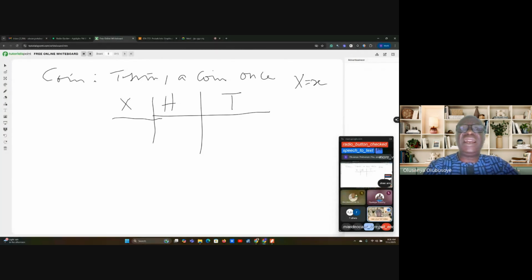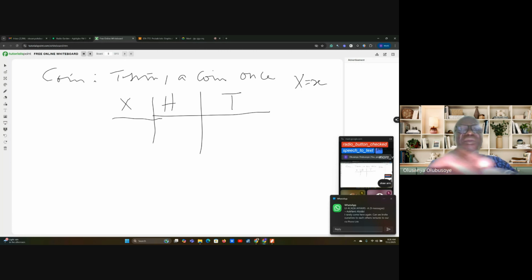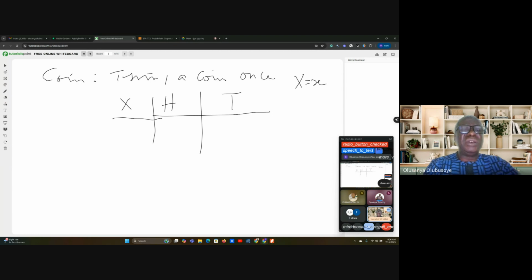So when I write small x, it could be head being the realization or tail being the realization. So the probability of x equals to any realization.